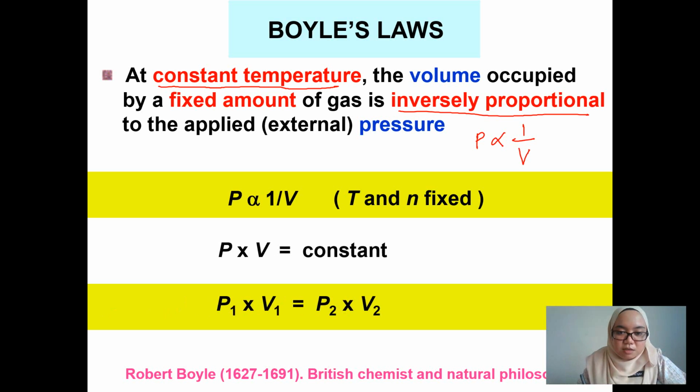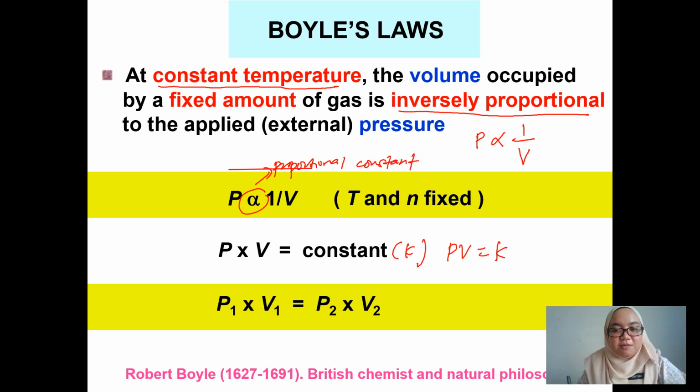This is the proportional constant. So when you convert this into the equal sign, this will become a constant k. That's why we can see that PV is equal to k, constant.